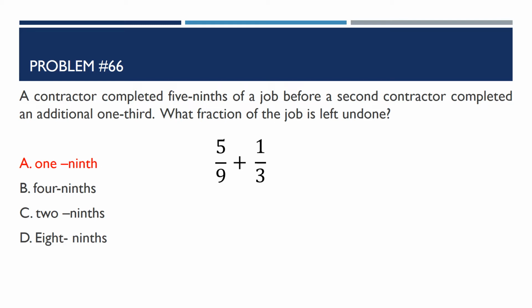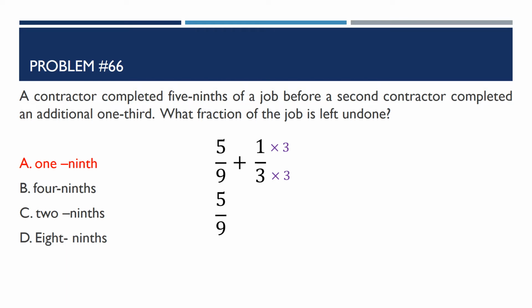Let's solve first the fraction of what is done. So 5/9 plus 1/3. We cannot combine them because they don't have the same denominator. So we're going to multiply 3 to the denominator and the numerator so that the denominator will be the same as 9.